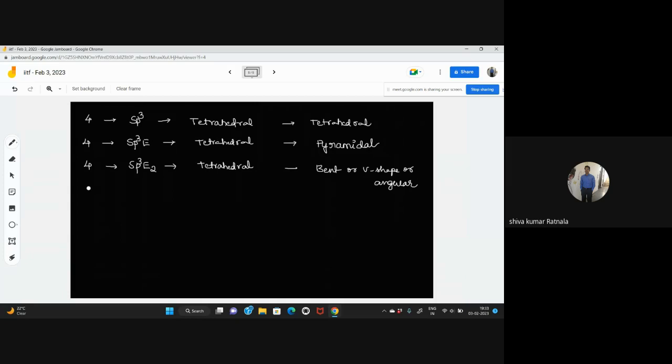Next, if the X value is 5, hybridization is sp3d. Can we write the hybridization as sp4?